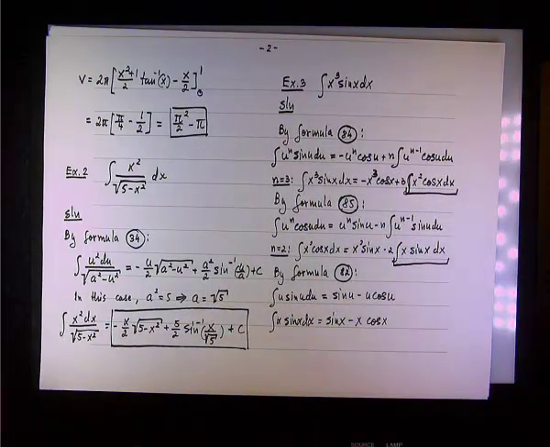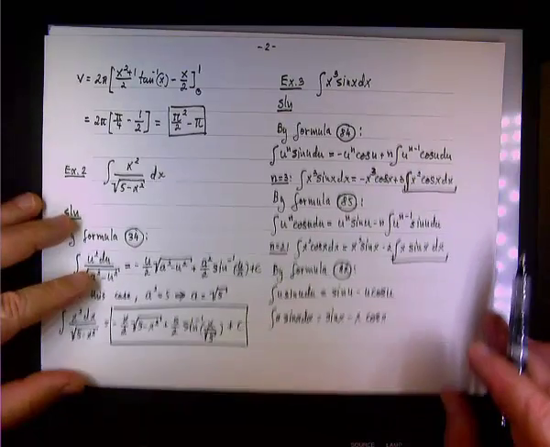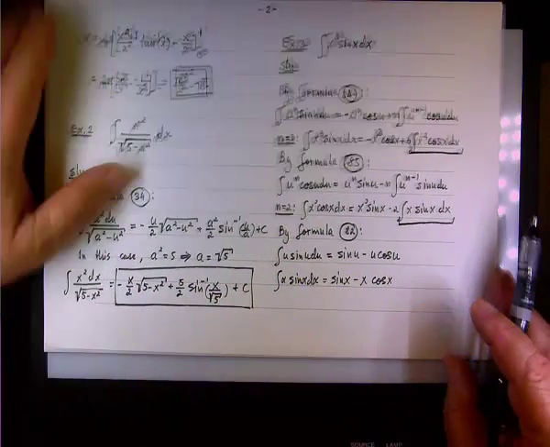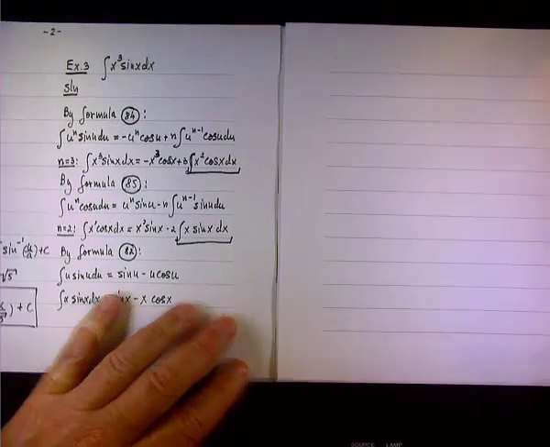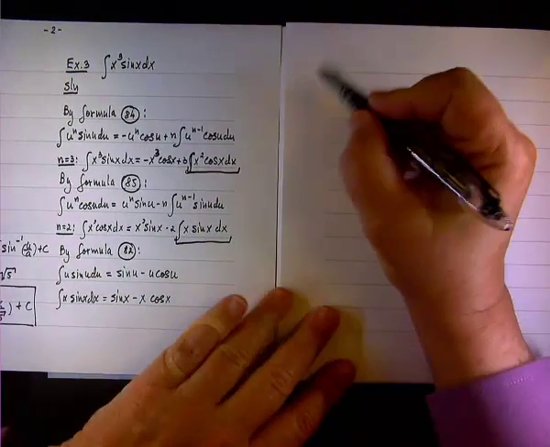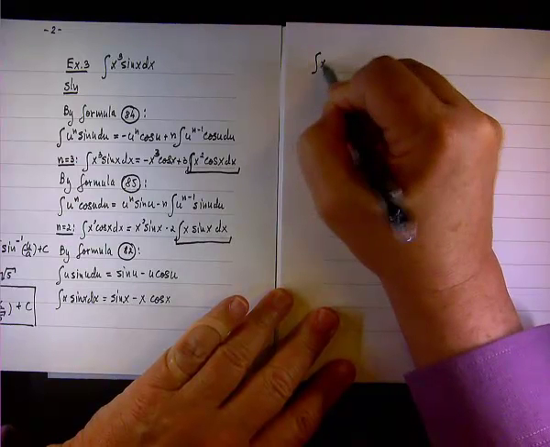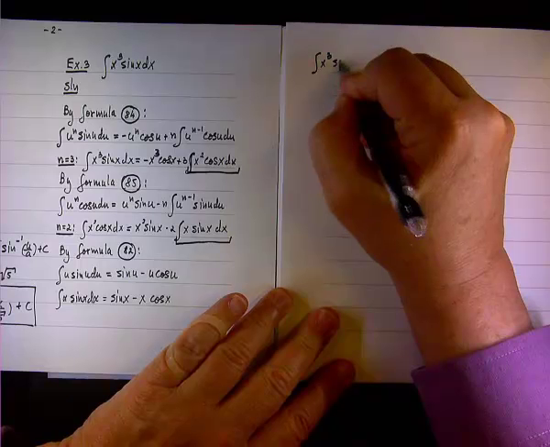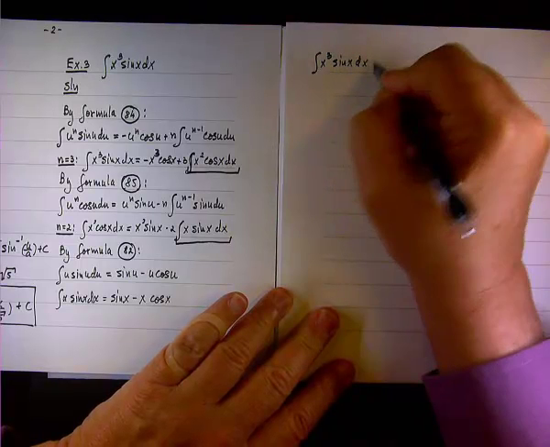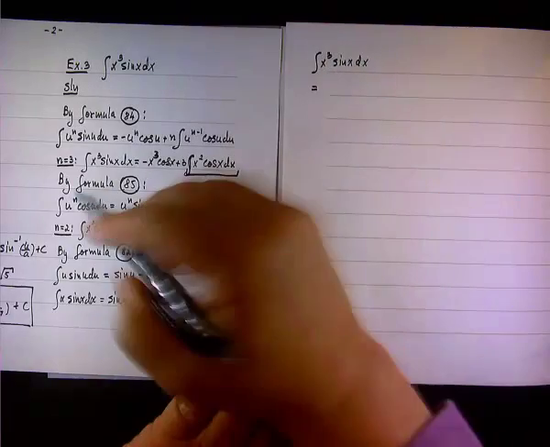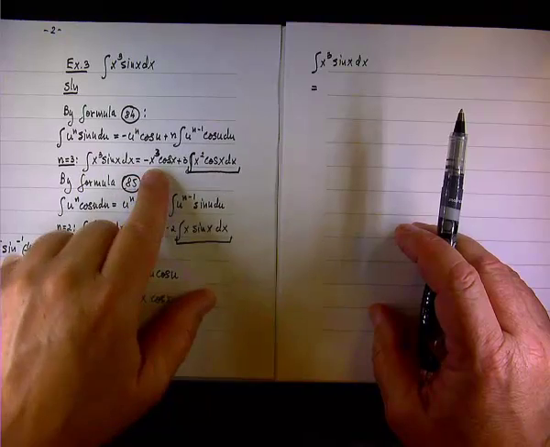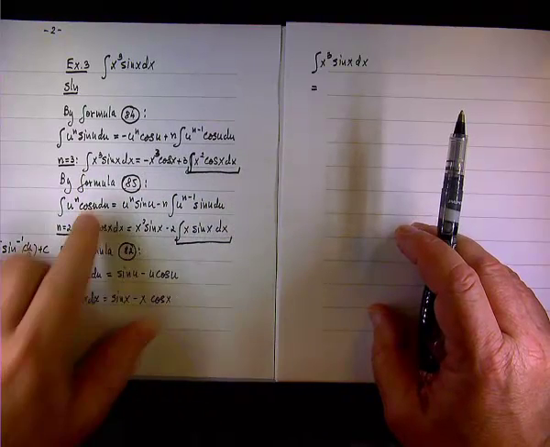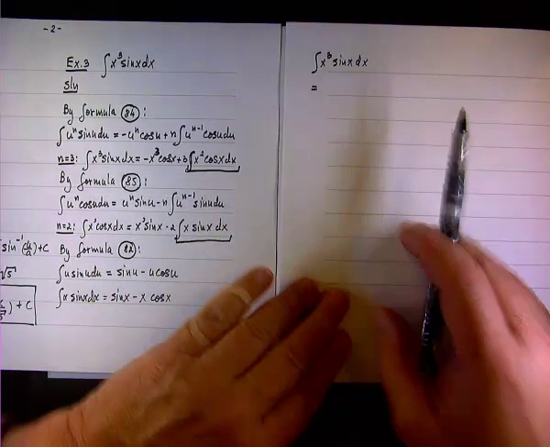So we have all the components together, and on the next page we're just going to create the solution. Let's see if I can put it here. No, I need about 4 lines, so I'll move it to the next page. So what is the integral of x cubed sine x dx? Well, it's equal to what? The first step, where did I put it? Right here.